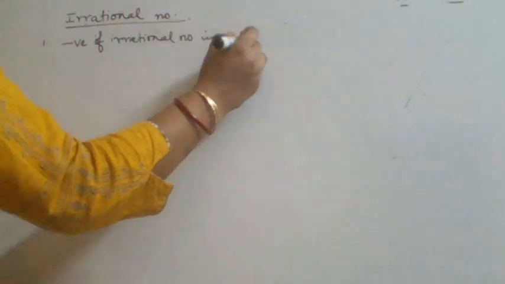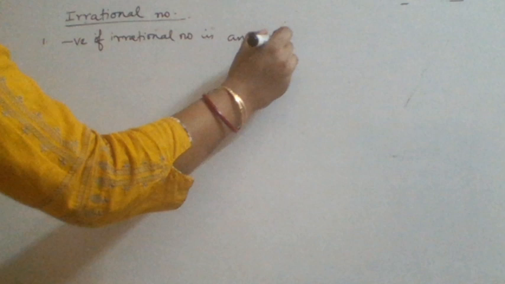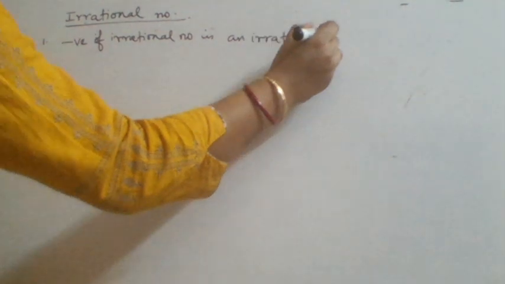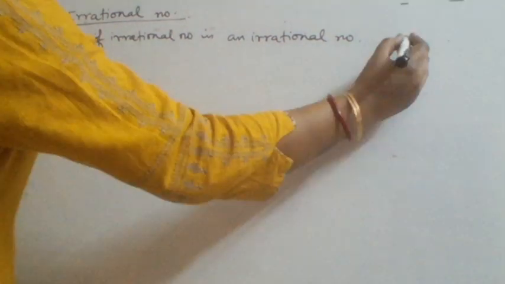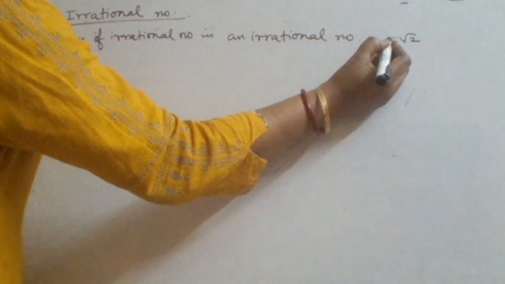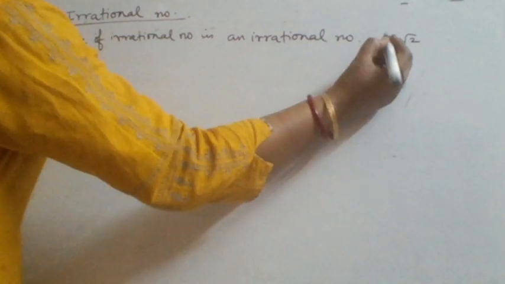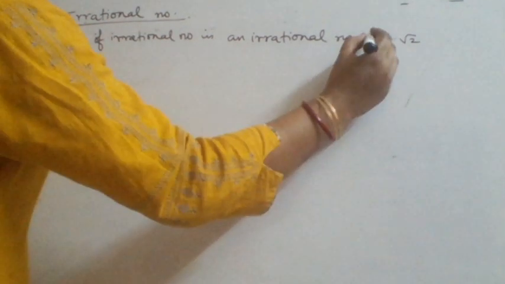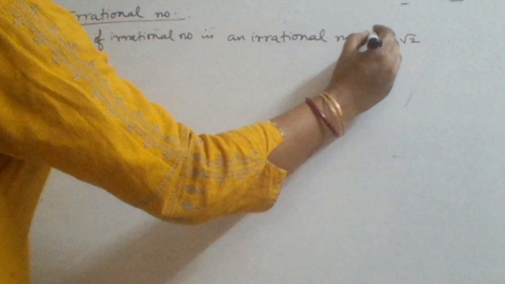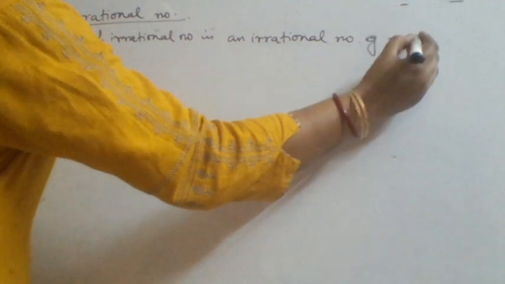Suppose you say root 2. Root 2 is an irrational number. But if I say minus root 2, the negative of an irrational number is also an irrational number. Example, minus root 2: root 2 is irrational and its negative is also irrational.